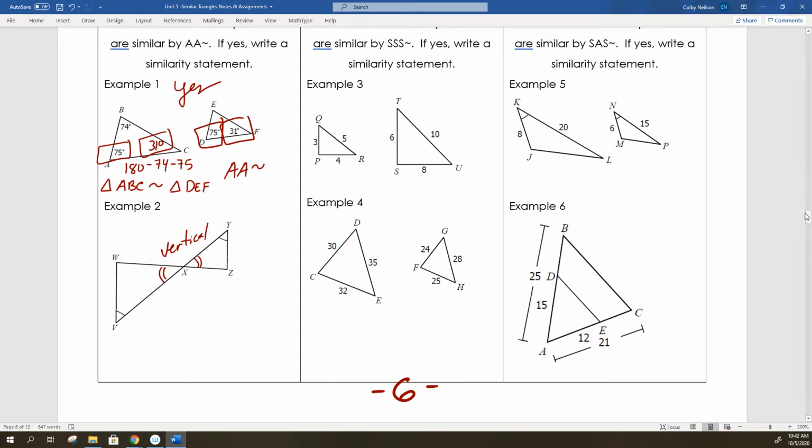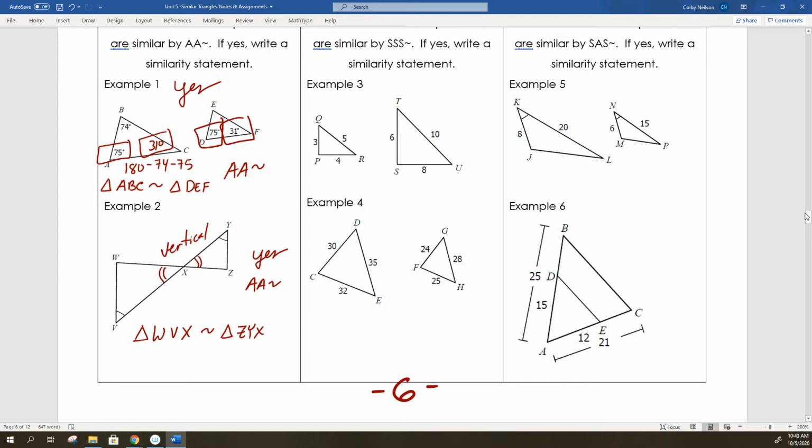So I have 2 angles, right? So yes, angle similarity. And what is my congruency statement? If I say, I don't know, WVX similar to, then I have to say ZYX. Okay. All right, that's angle.